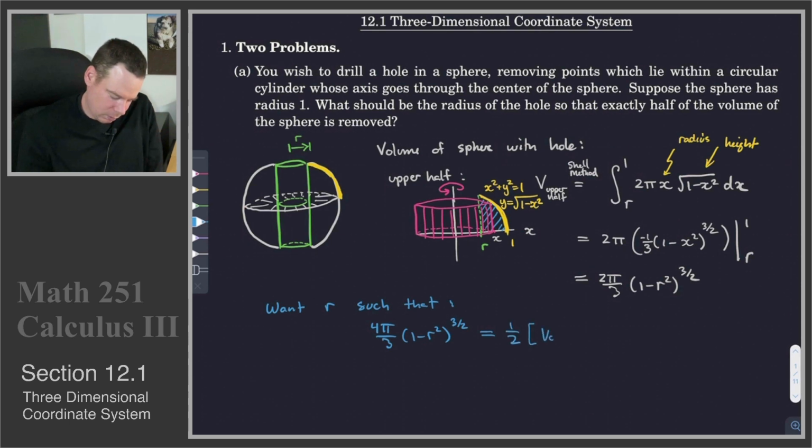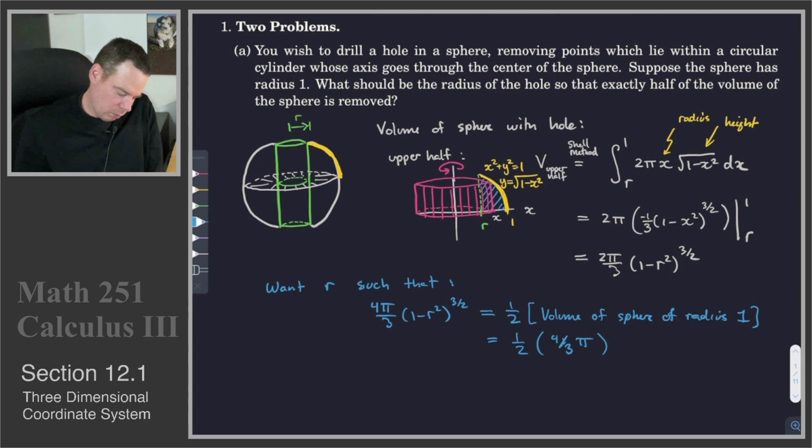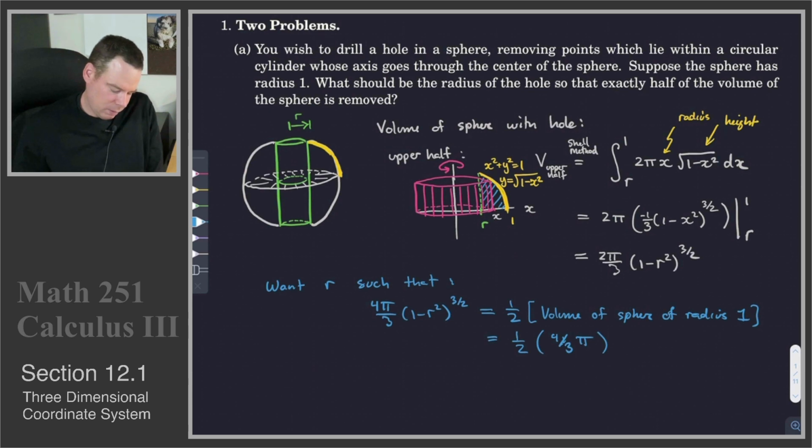So I'll write it like this: half of the volume of the sphere of radius 1. But we already know what the volume of a sphere of radius 1 is. That's 4/3 pi r cubed, but in this case r is 1, so 1 cubed is just 1. And so what we get is this equation. We're trying to solve for r such that this equation is true.